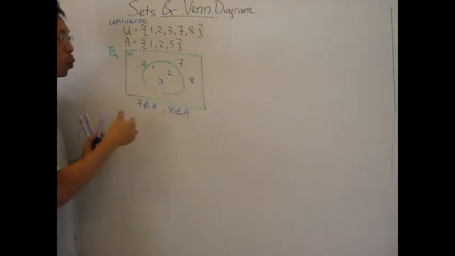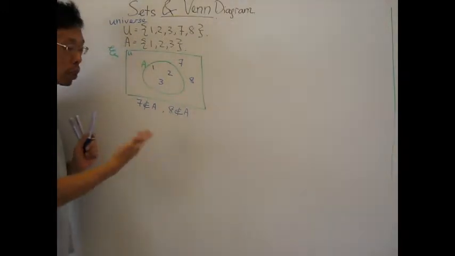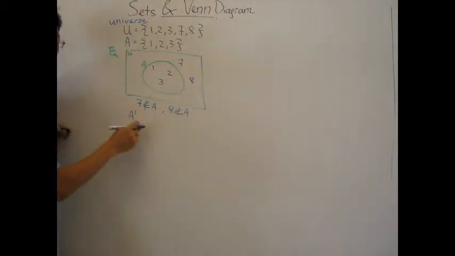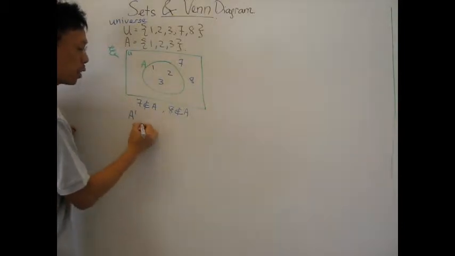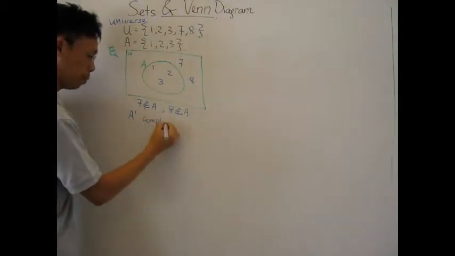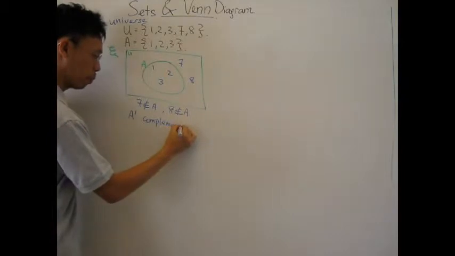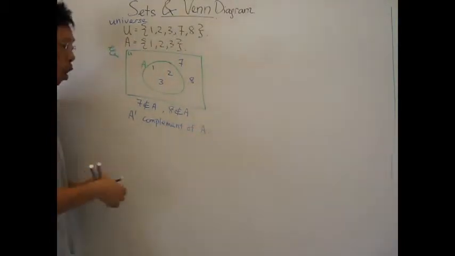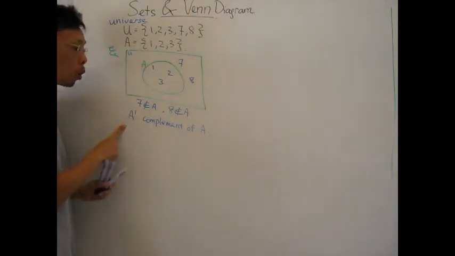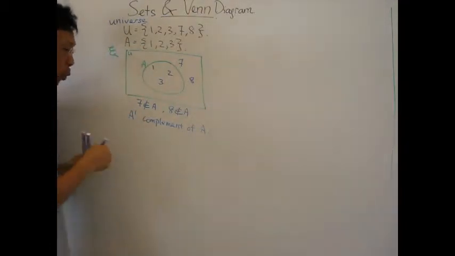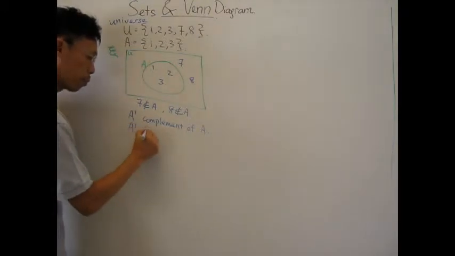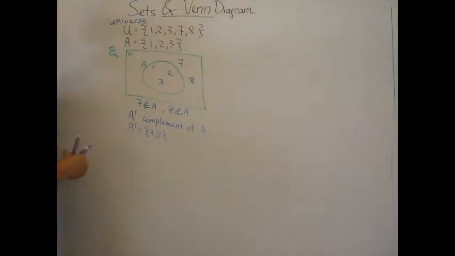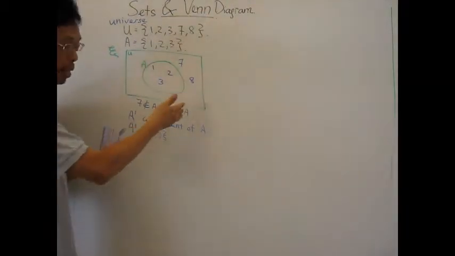And if you want to call all the elements that are outside A, then we use A with a little dash, and this is called the complement of A. Complement of A means all the elements not in A. So in this case, it's 7 and 8, all the members not in A. So if this is A, everything outside is A dash.